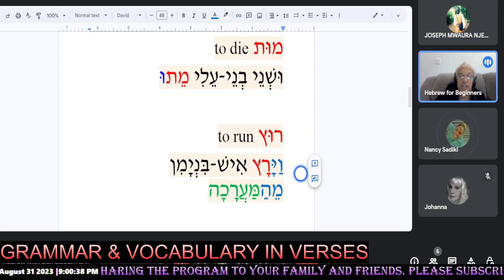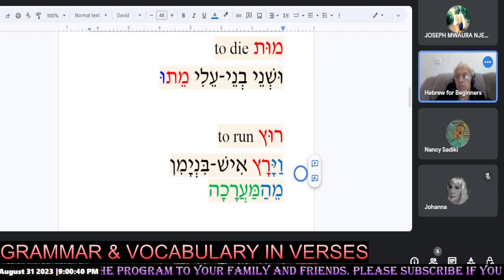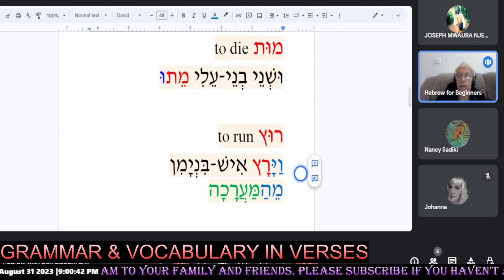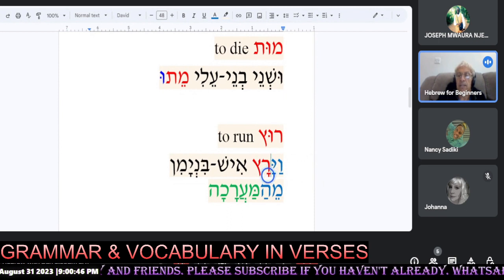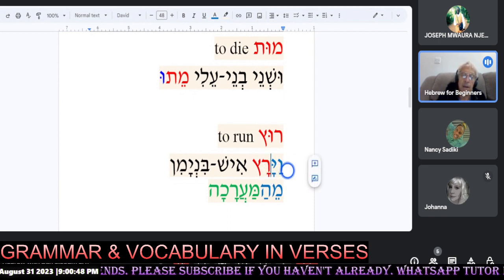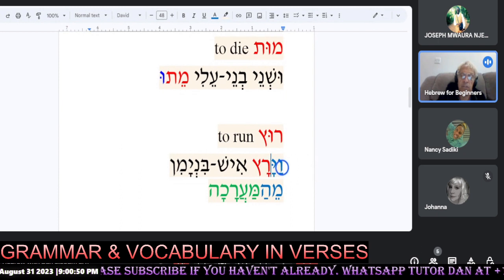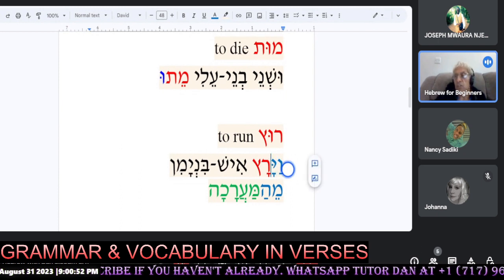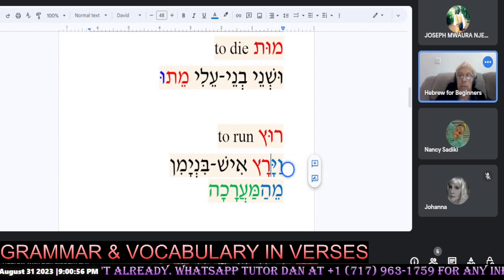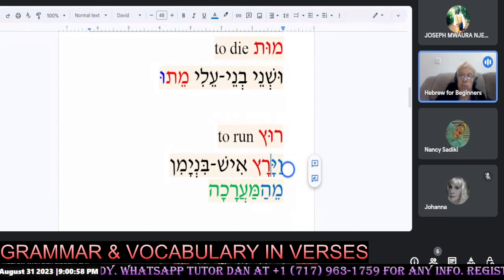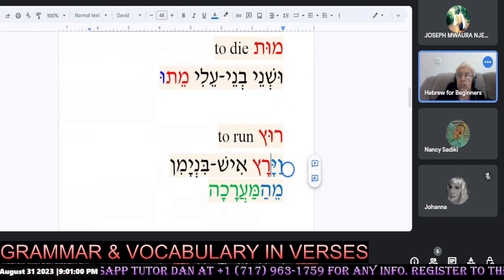The answer is that certain rules in Hebrew grammar force the u to become a kamatz, and I'm not an expert in some of these rules, but certain verbs become a little bit irregular because if we were to say he will run, it's yarutz.